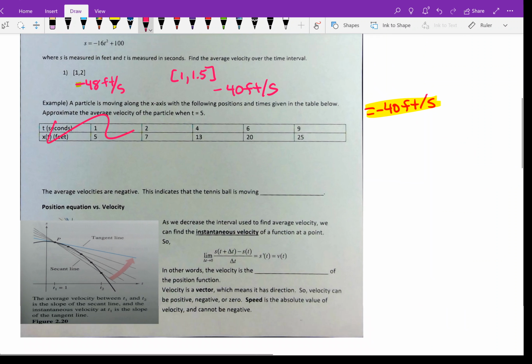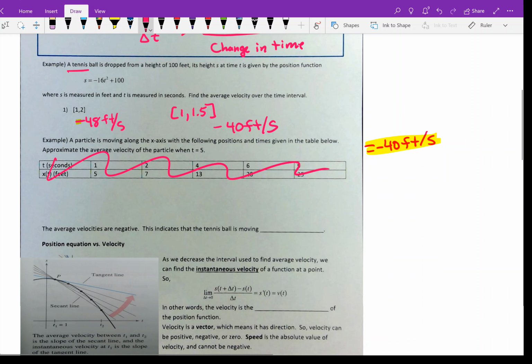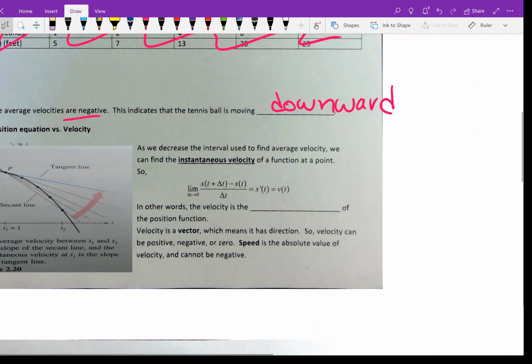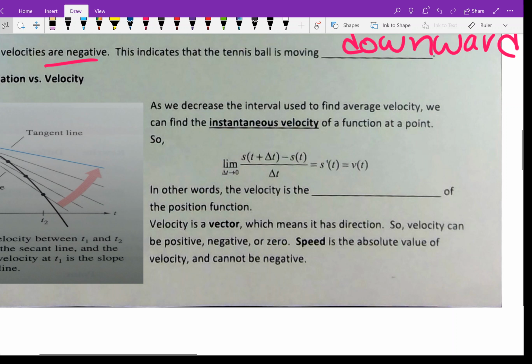I'm not going to talk about this table at this moment, but remember this problem had to do with the tennis ball and dropping it. By looking at these average velocities, we have negative 48 and then negative 40 feet per second. The average velocities are negative, which indicates that the ball is moving downward. Some of you may or may not have taken physics and vectors.